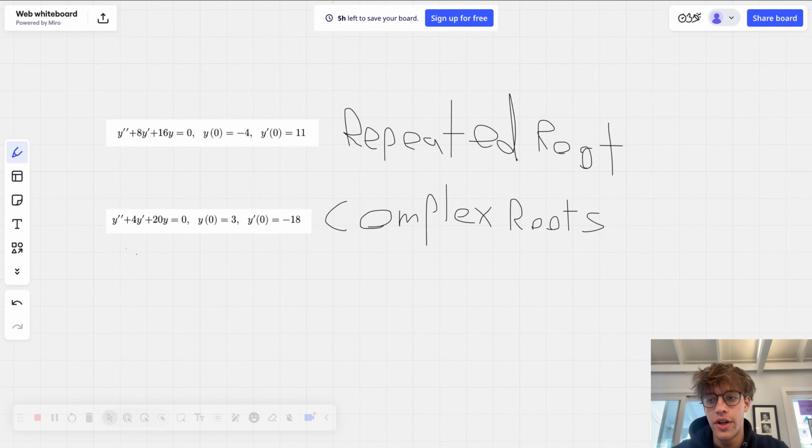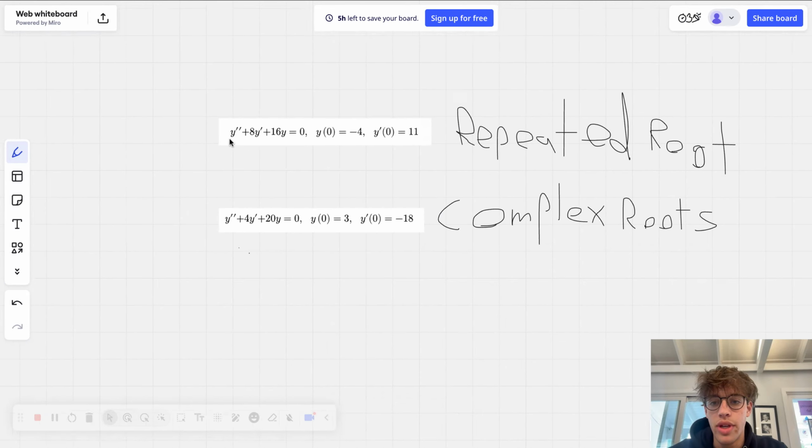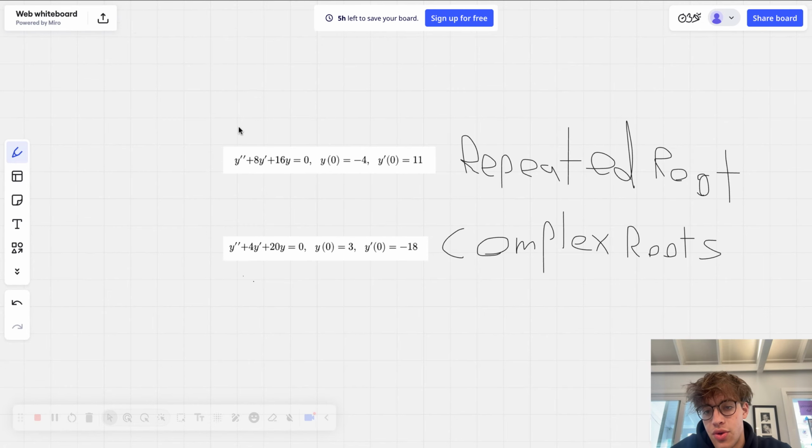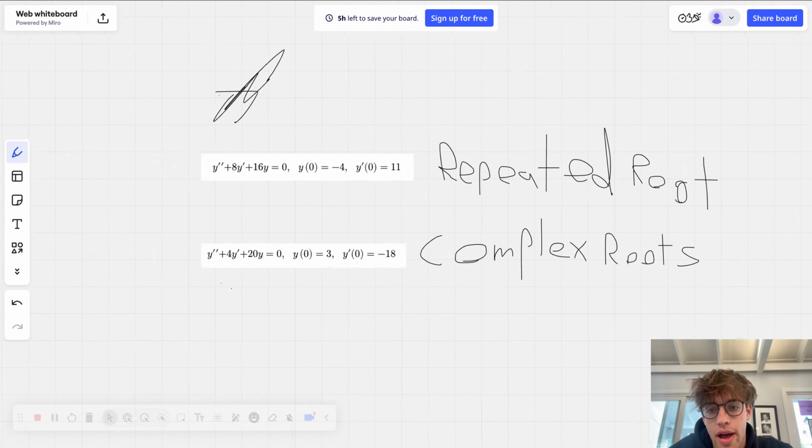So the first part of this one is to find the characteristic polynomial and show that it has those repeated roots. So we could turn this into the characteristic equation, where we could use just, I don't know, m.